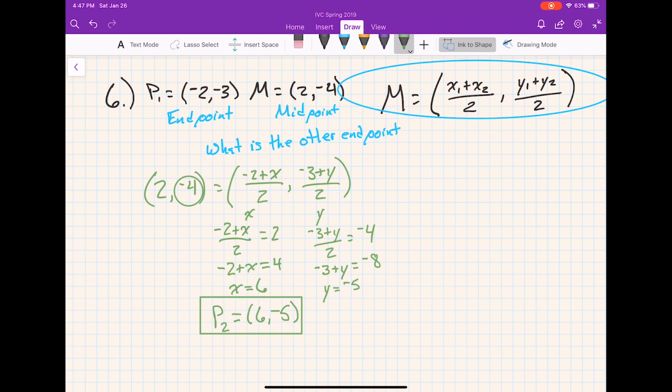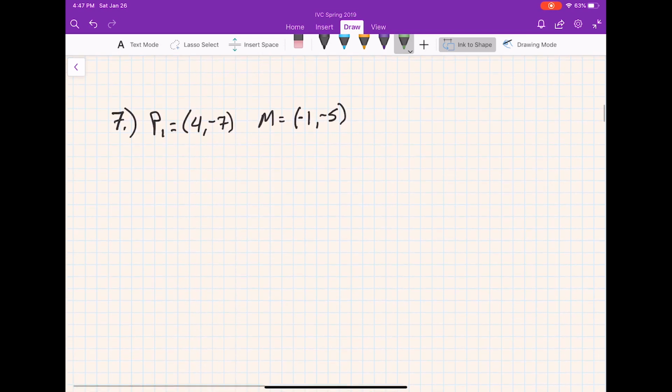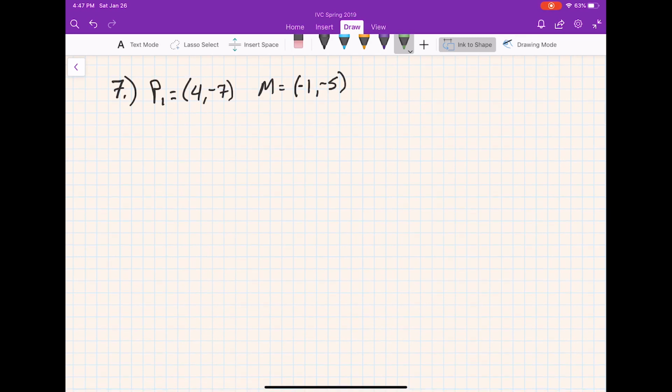So pretty simple. Number 7 is exactly the same problem. I don't know why the study guide has two of the same problems, but we'll do this one too, exactly the same way as before, but I'll skip right into it.